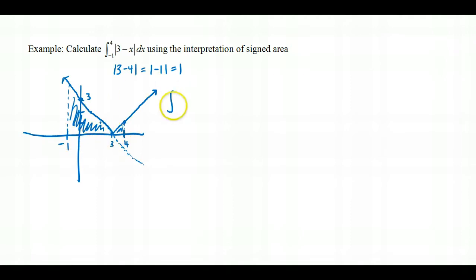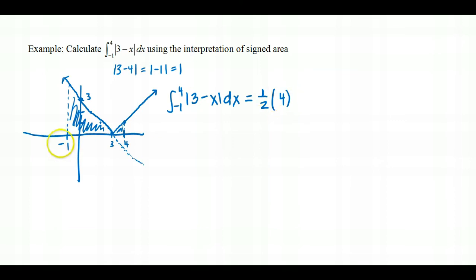So the integral from -1 to 4 of the absolute value of 3 minus x dx equals, so this first triangle has 1/2 base. So the base here would be 4 units. So to get from -1 to 3, I have to go over 4 units.